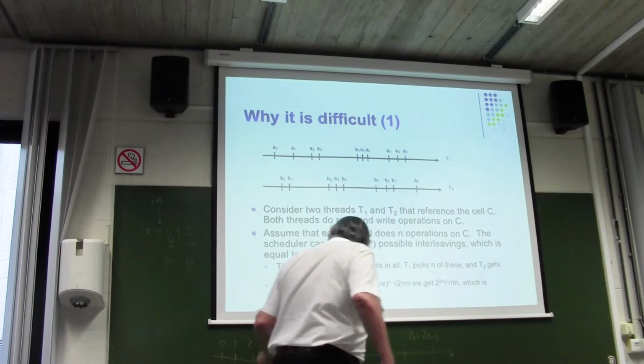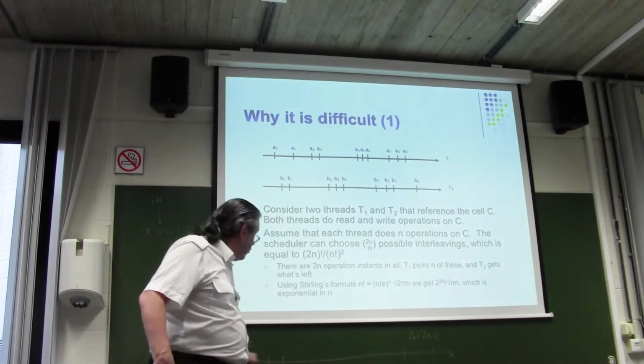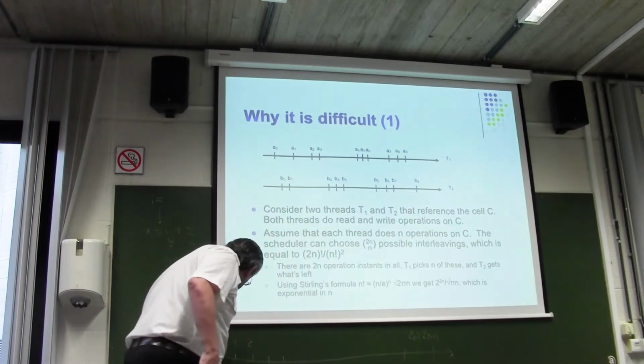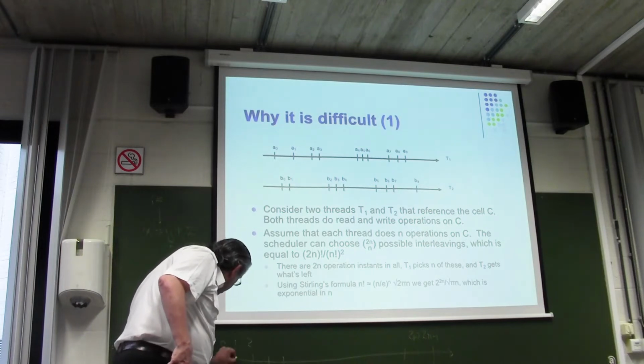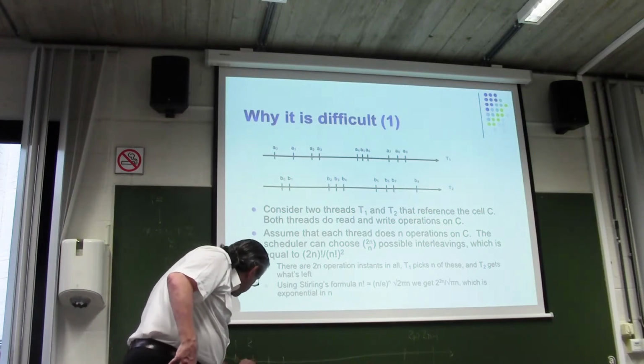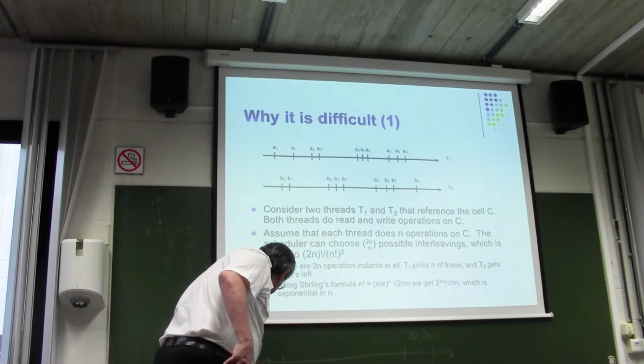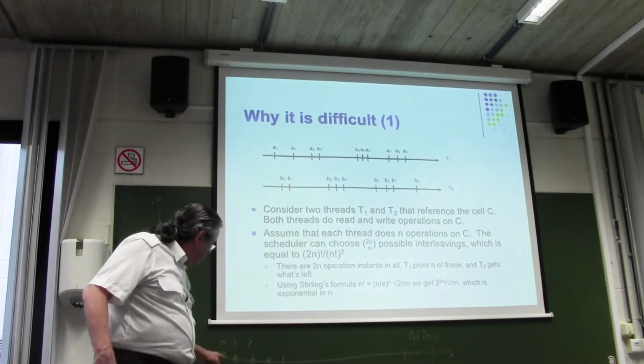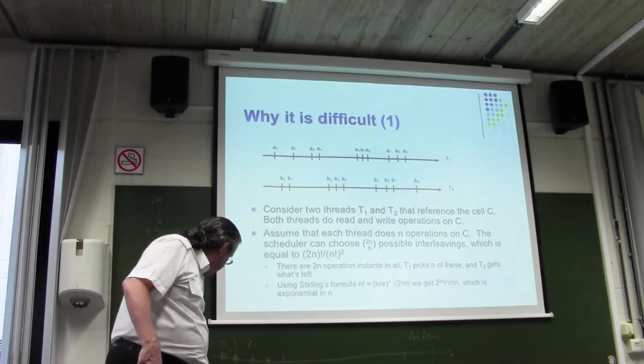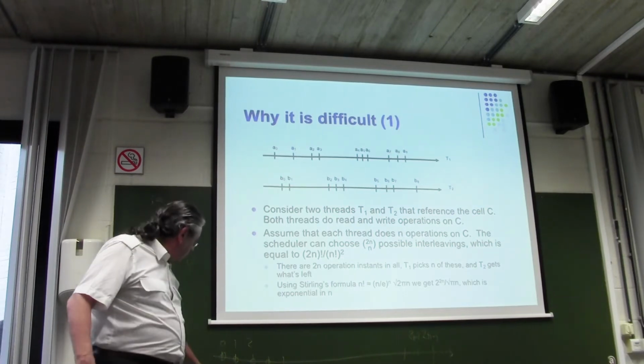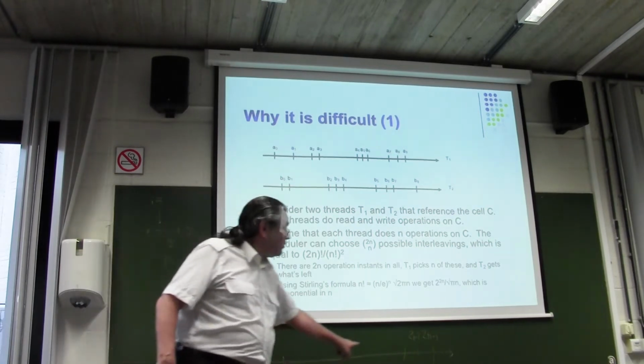If you have n operations, there are actually 2n slots. And you can choose an operation from T1, or you can choose an operation from T2. Okay? So there are many ways of choosing. I have n operations from T1 on 2n slots.